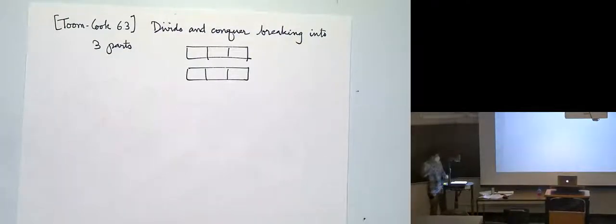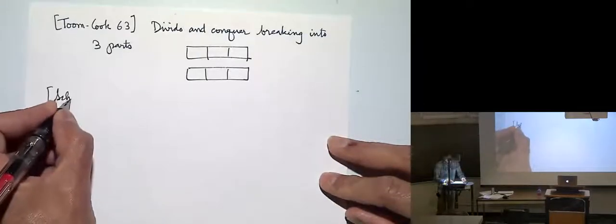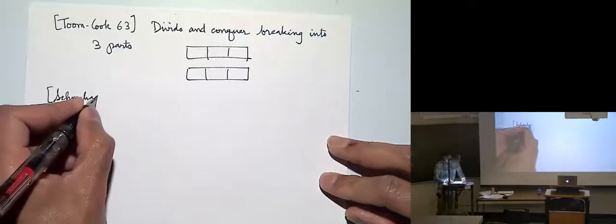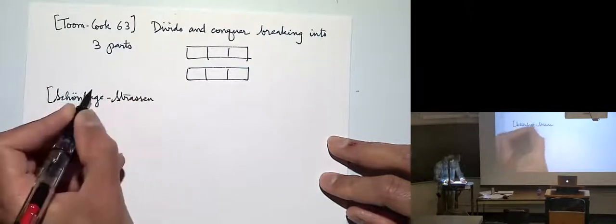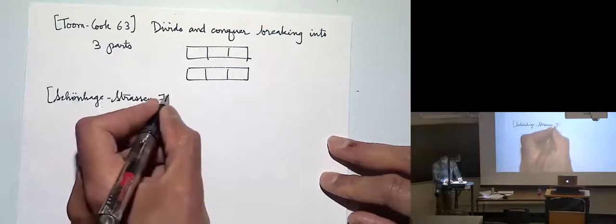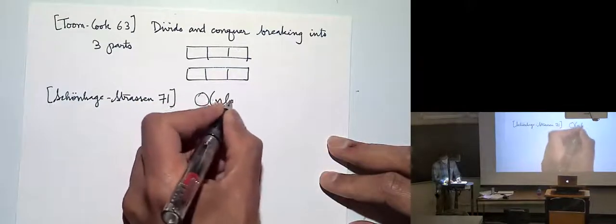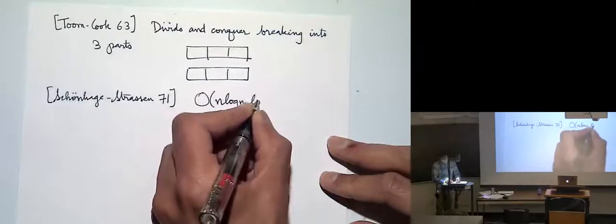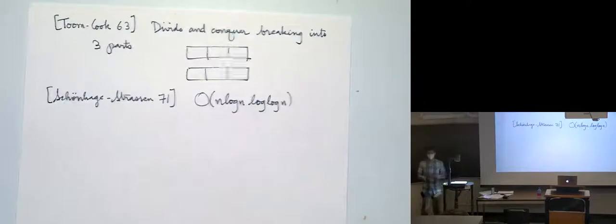It's not major: instead of n to the 1.58, it becomes n to the 1.53 or something. But then the big improvement since then was Schönhage and Strassen, in 71, where they actually get n log n. Okay, there's a log n, but it's like n log n.